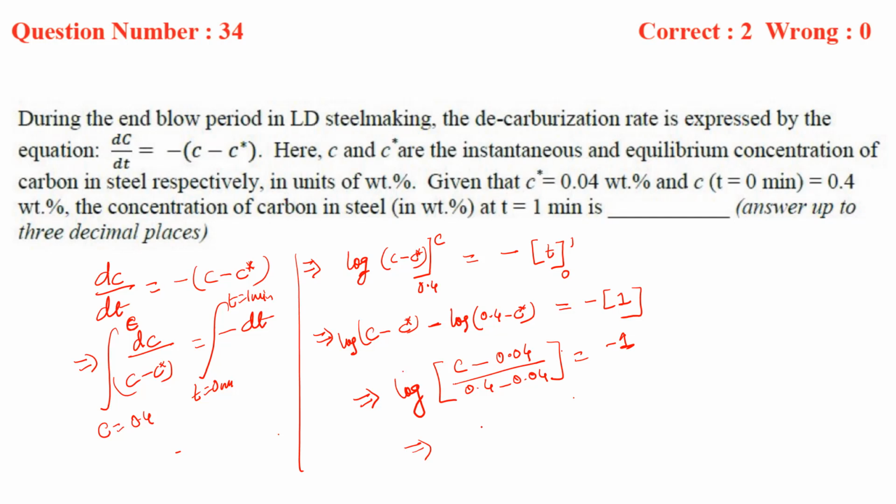If you rearrange this, that is (C minus 0.04) by 0.36 equal to e power minus 1. So if you solve this, then you will get the answer as calculated.